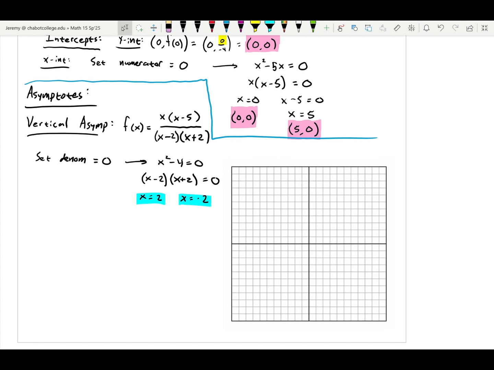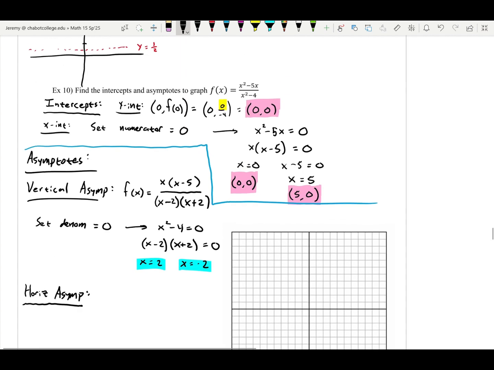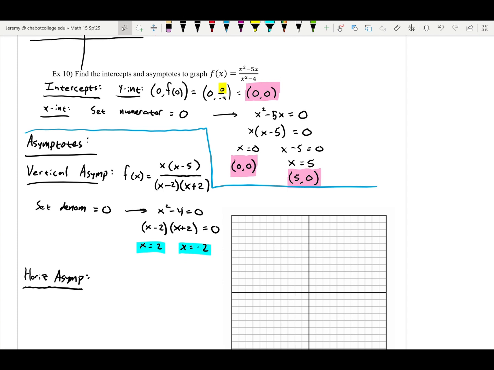Now we just got to find horizontal asymptotes. Really, I should say horizontal asymptote, because there can only be one at most. In some cases, there isn't a horizontal asymptote at all. So in this case, for this function, remember we said the numerator and denominator are both quadratics.